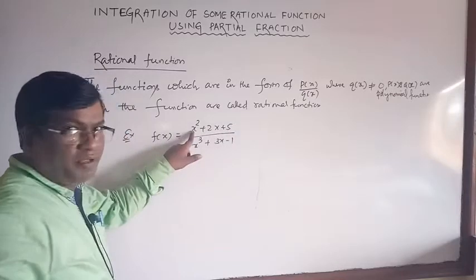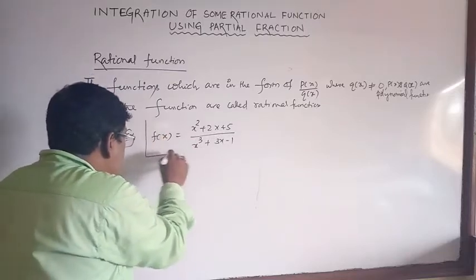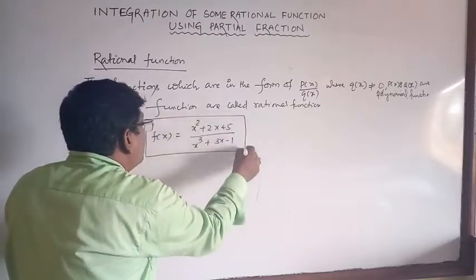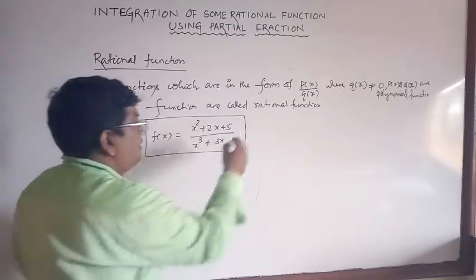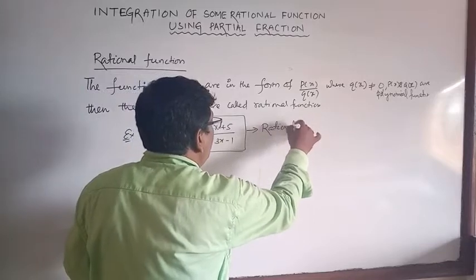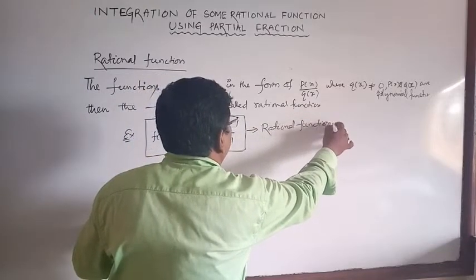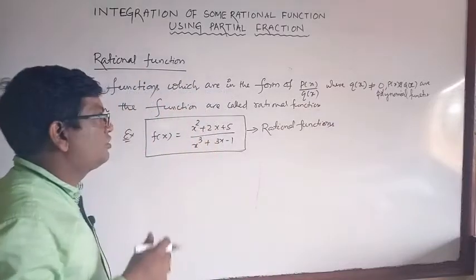This is a polynomial and this is a polynomial. So this is called a rational function. Clear? What do you mean by a rational function?